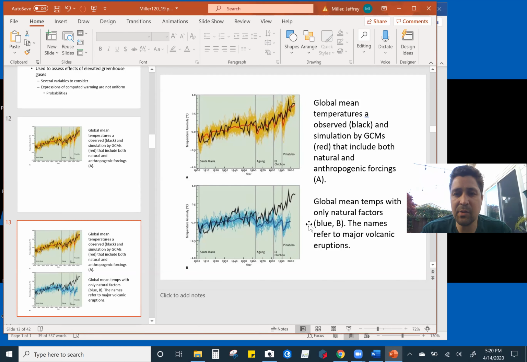So we have the anthropogenic in the red line and the natural factors in the blue line. I guess this is an observation, just looking at temperatures, right? But yeah, blue showing that things should be decreasing a little bit, if anything. To sum it up, the models show that we shouldn't see the extreme increase that we're seeing so rapidly, and it just gets more extreme and more extreme as every year goes by.